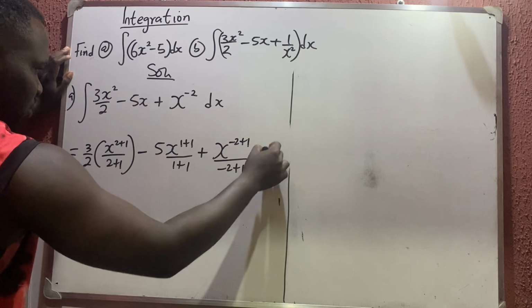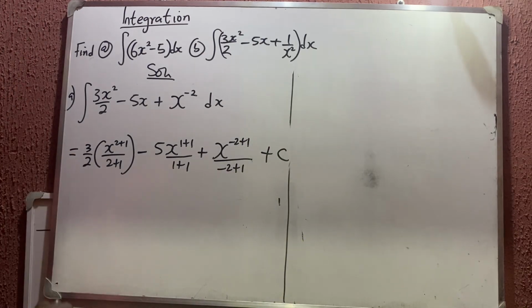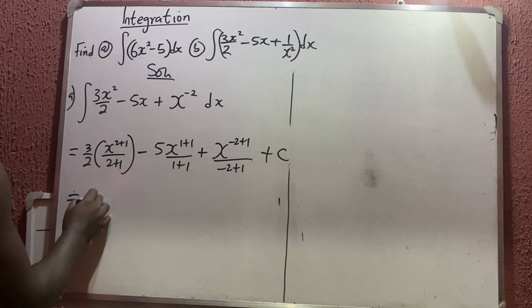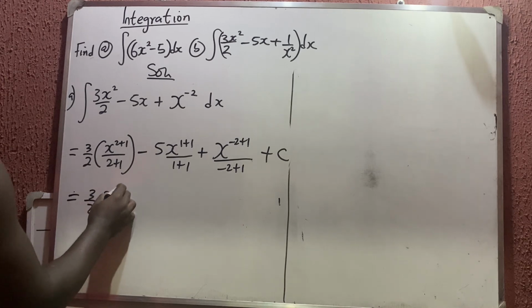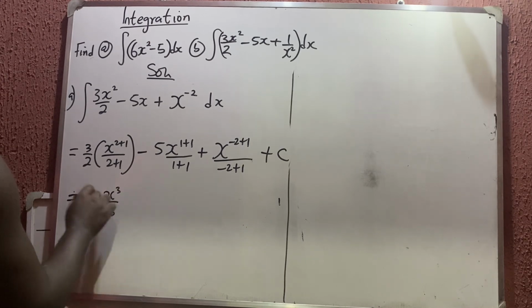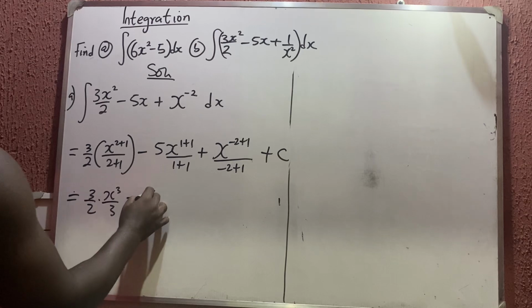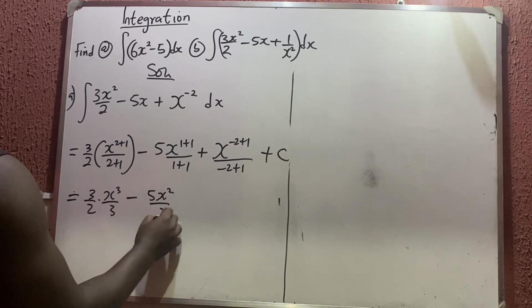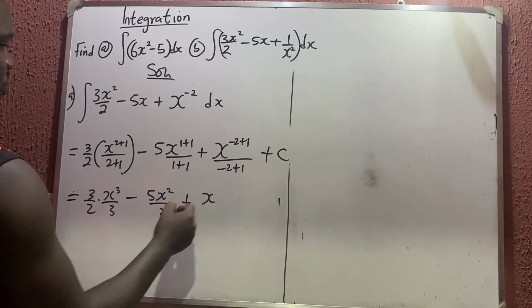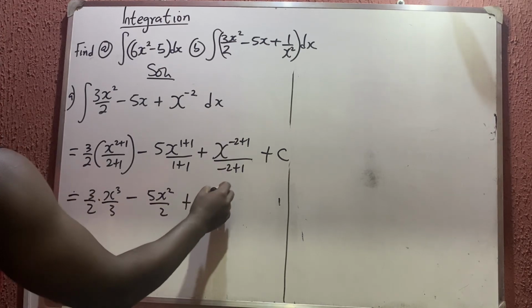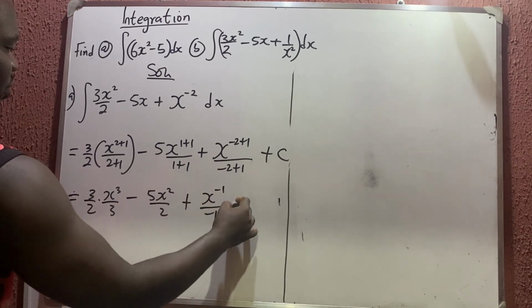I told you once you are done, you must put plus a constant. So I now have 3 over 2 x raised to power 3 over 3, I hope you know that this is multiplication, minus 5x squared over 2, then plus x raised to power minus 1 over minus 1, plus a constant.